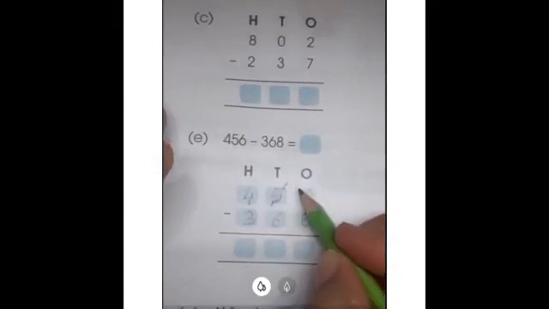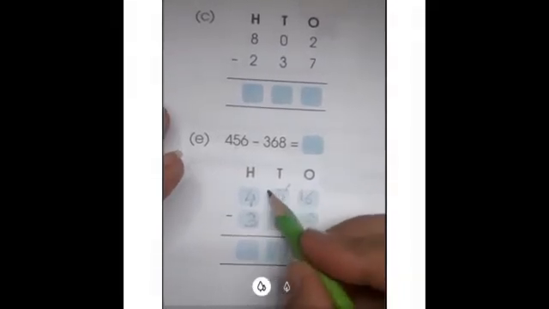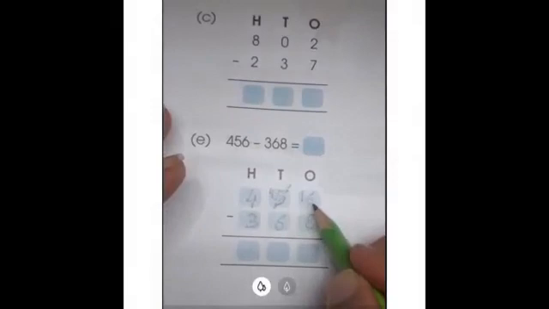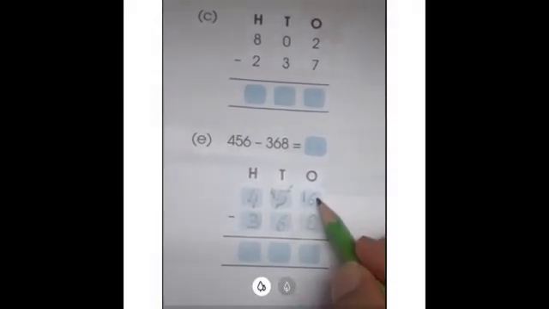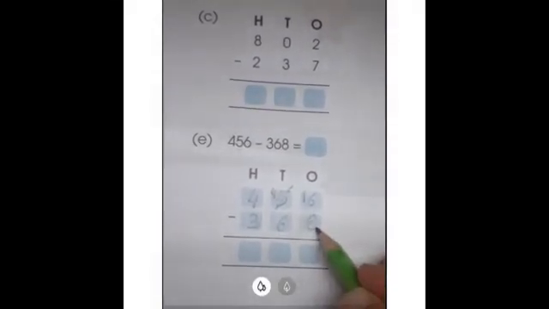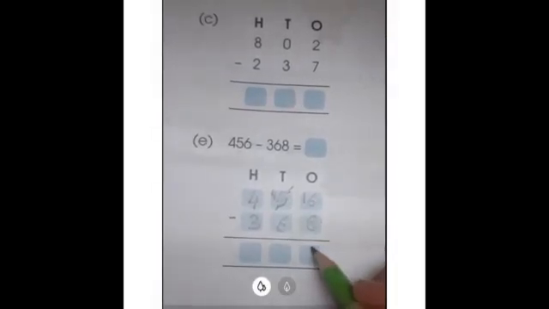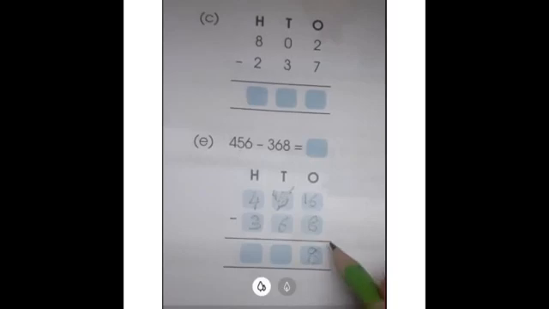I will take carry 1. It becomes 4 and it becomes 16. Now it is bigger than the bottom number. 16 take away 8 is 8.